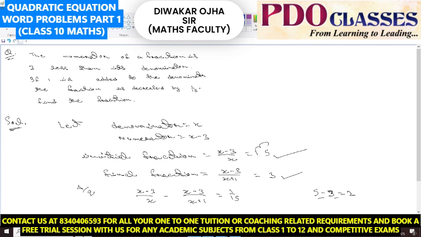Because initially you are getting 5, after some changes you are getting 3. So what is the difference? 2. That means the fraction is getting reduced by 2. Here the fraction is getting reduced by 1 by 15. That means difference should be 1 by 15. Is this more clear now?